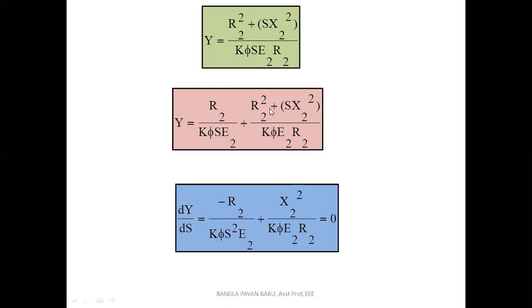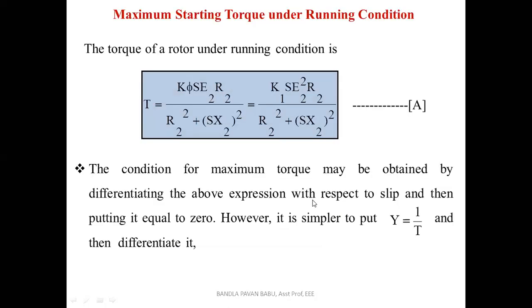Next, differentiating r2 square with respect to slip gives 0, since it is a constant. Next, plus s into x2 square: s is differentiated, so we get x2 square, and the denominator remains the same, k phi e2 r2. We have equated this to 0, as we have seen earlier, after the differentiation.